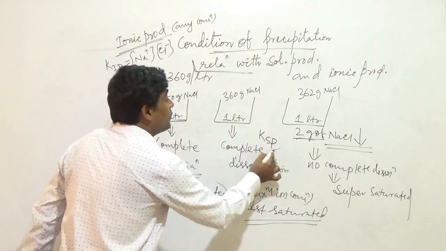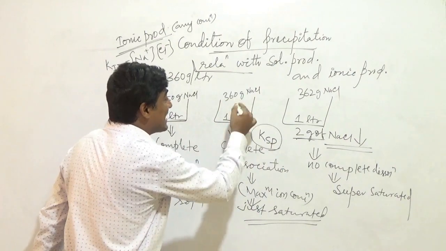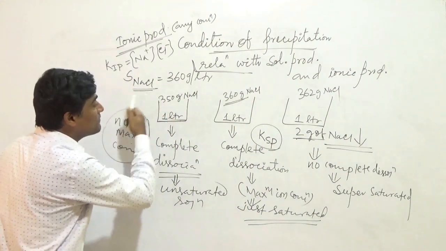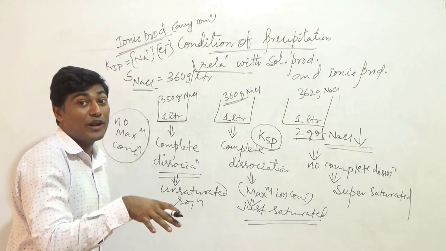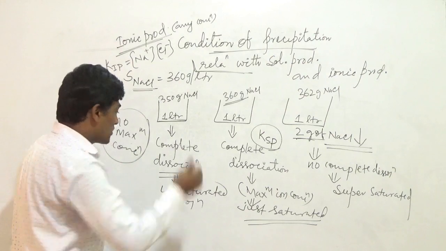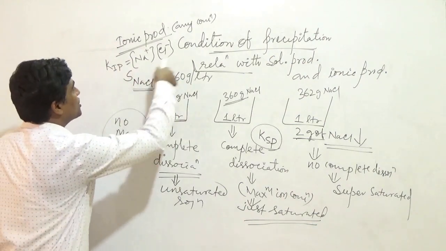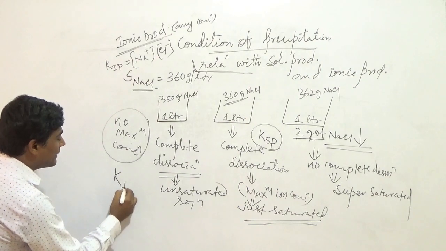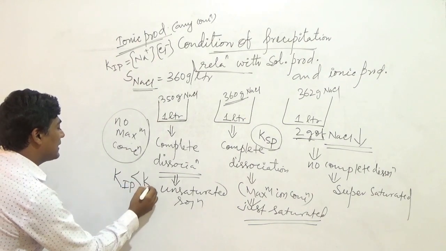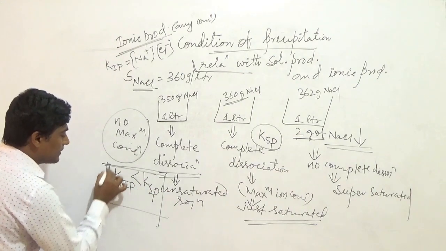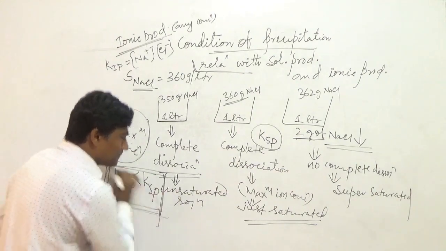Since the solubility product corresponds to 360 gram, 350 grams of sodium chloride gives a value that will be less than Ksp. So in this case, Kip is less than Ksp.